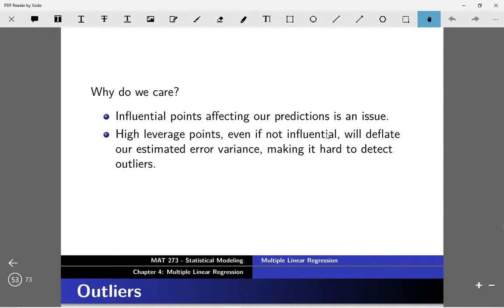And like I was just talking about, influential points affect these predictions, can make our predictions worse, but high leverage points will make our estimated error variance smaller, which affects hypothesis testing, involving confidence intervals and p-values.